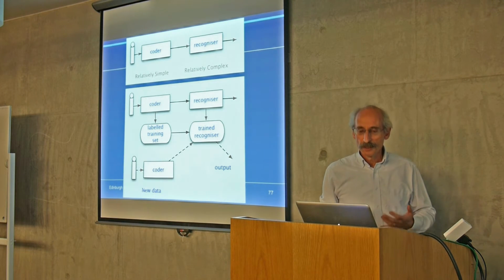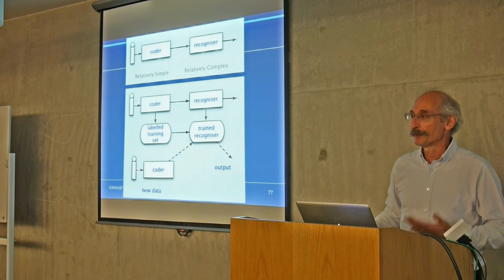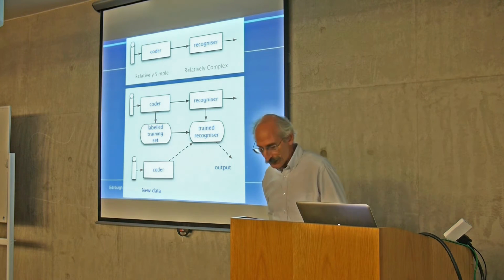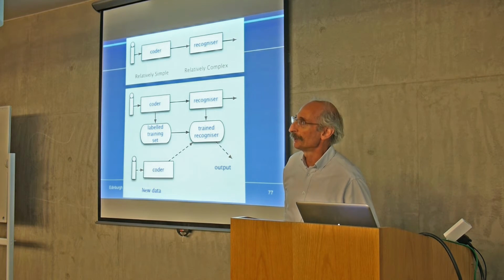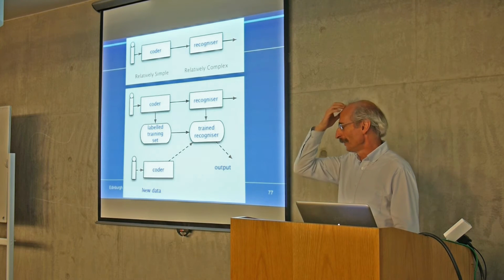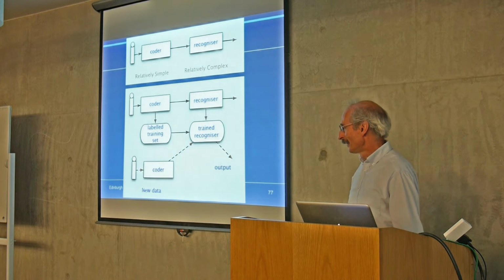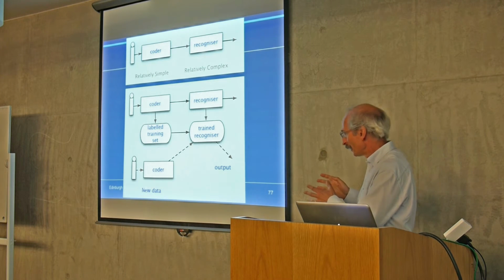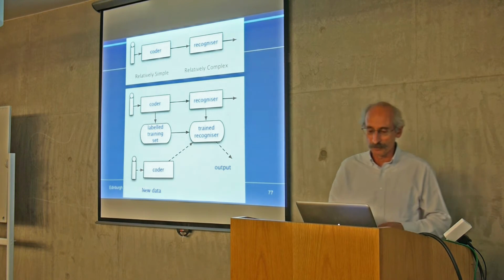And in general, the complexity is in the recognizer. People are using deep neural networks, people are using hidden Markov models, all sorts of things like that. The complexity is in the recognizer, and the coder is relatively straightforward.